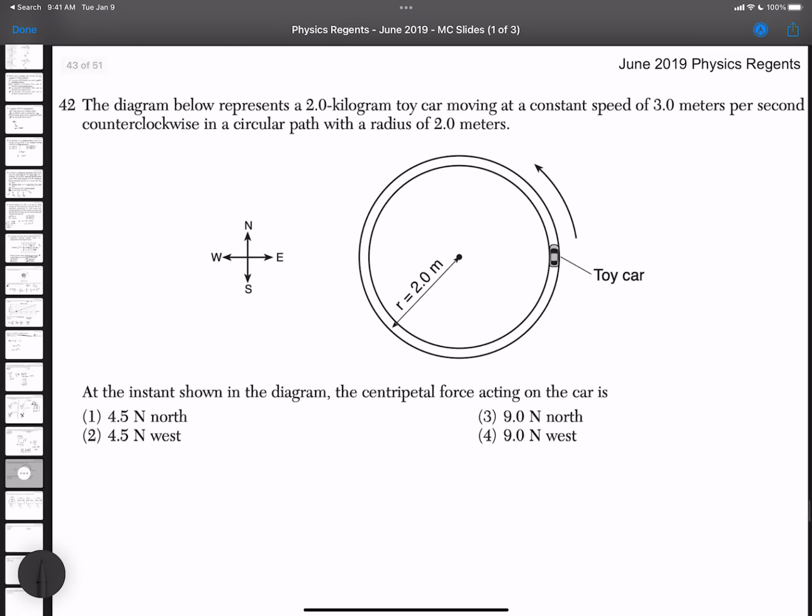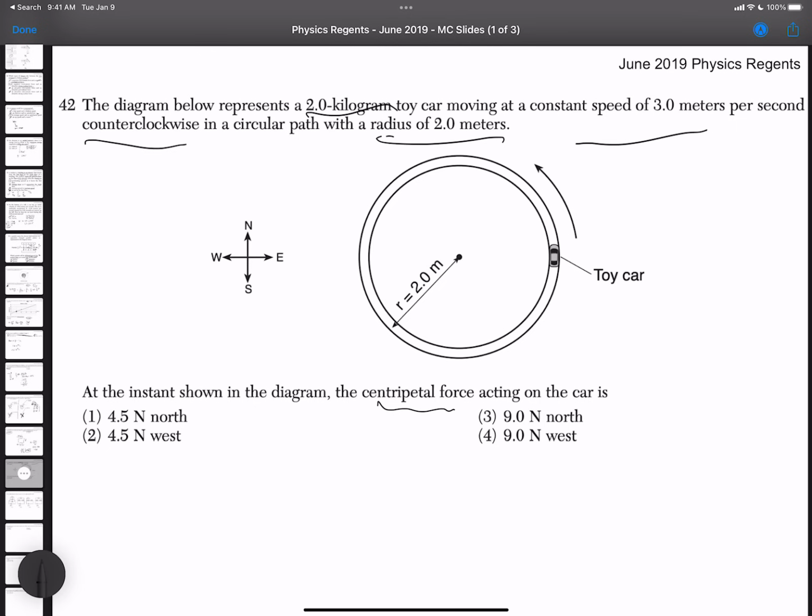All right, question 42. The diagram below represents a 2 kilogram toy car moving at a constant speed of 3 meters per second counterclockwise at a radius of 2 meters. The way I want to approach this is, I think what I want to do first is identify the direction. So the centripetal force is parallel to the centripetal acceleration.